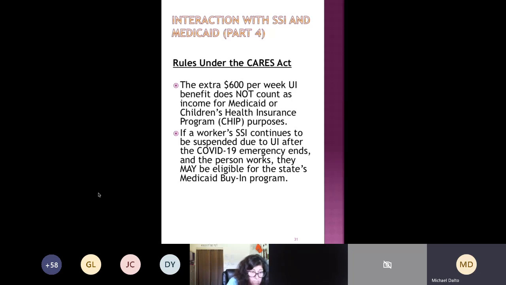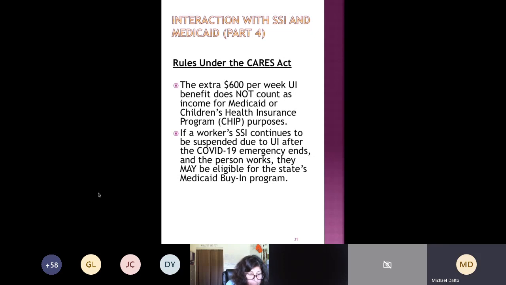And the CARES Act says that extra $600 does not count as income for Medicaid or the Children's Health Insurance Program, which is a way for children and sometimes pregnant women to get Medicaid with higher incomes. So that's nice to know because it says that a person may still be financially eligible for Medicaid despite getting that extra $600 a week.